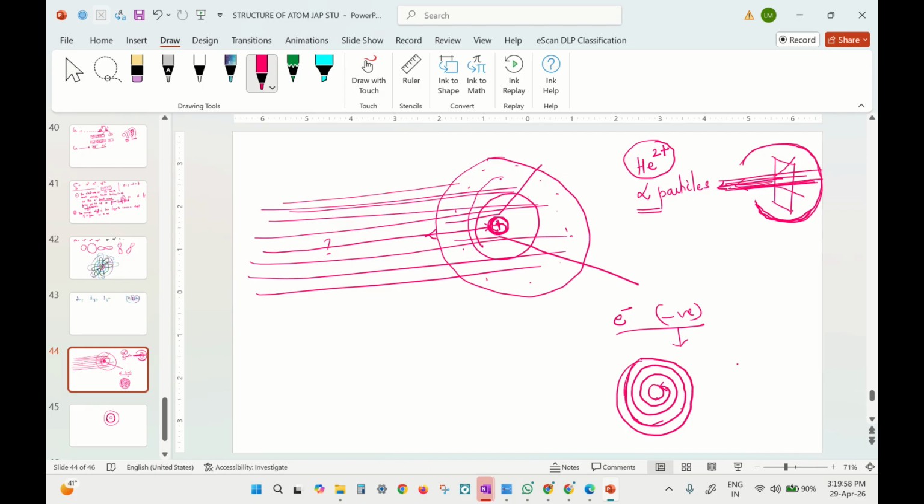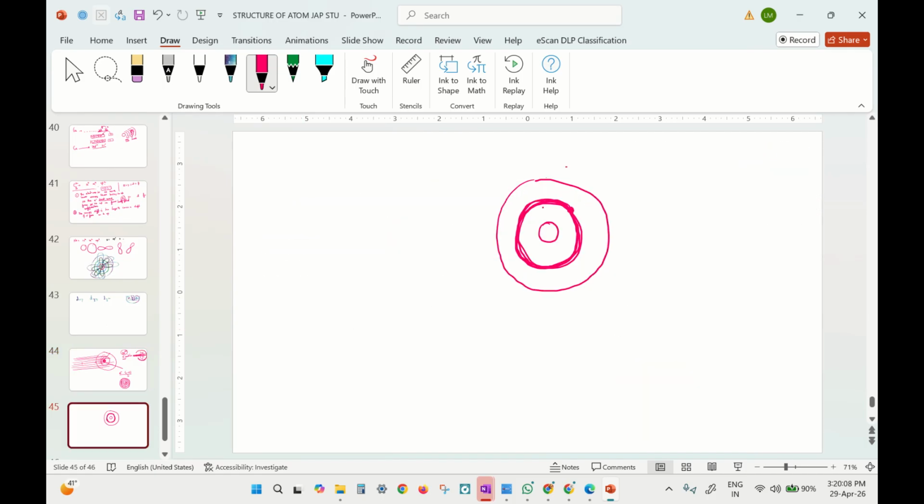By spending energy, one fine day, it will come and hit the nucleus. So the atom is going to be unstable. But when Bohr proposed his model, he said nothing like that. The electrons are present in various energy levels. And as long as the electron is not given extra energy, it will continue to remain in that energy level.